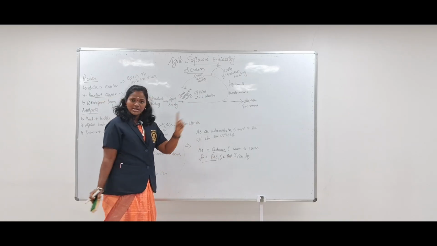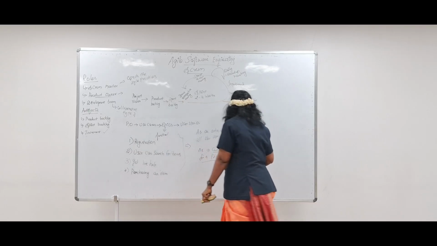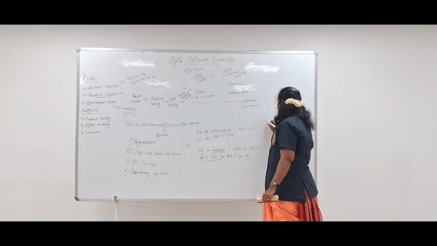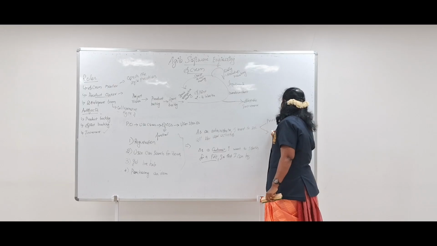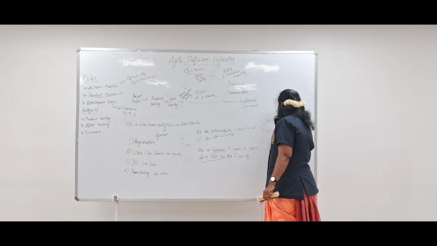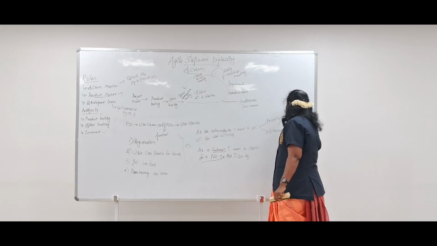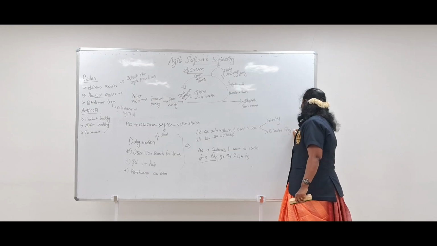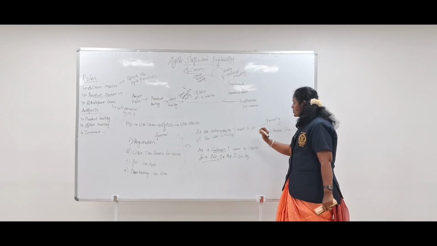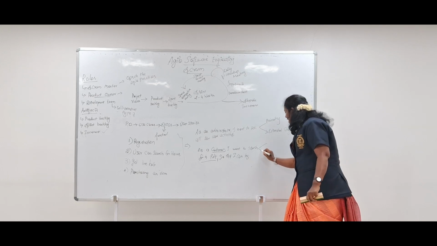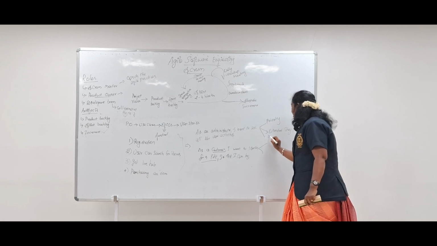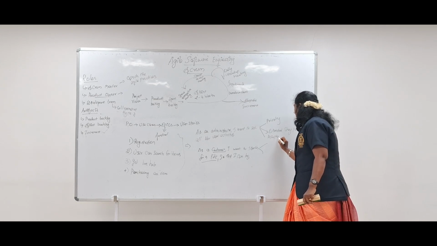Whenever we are writing user stories, we need to include three things. One is priority, another is estimated story points, and the story points have to be estimated for each and every story. The third one is acceptance criteria.